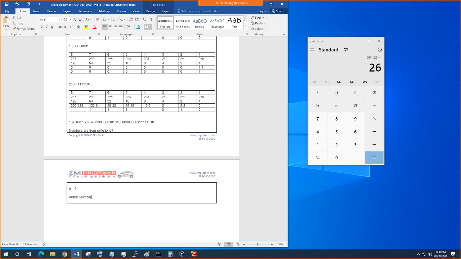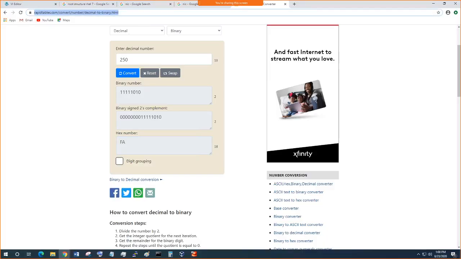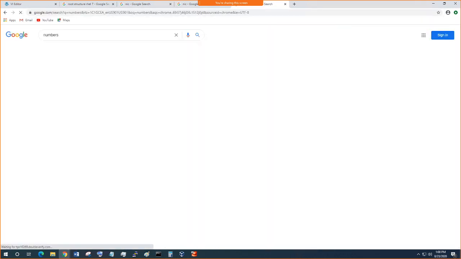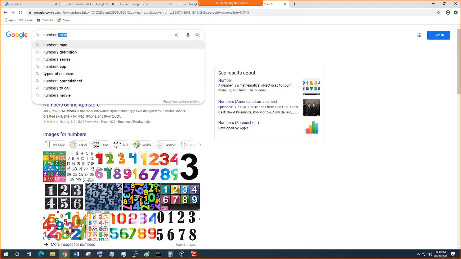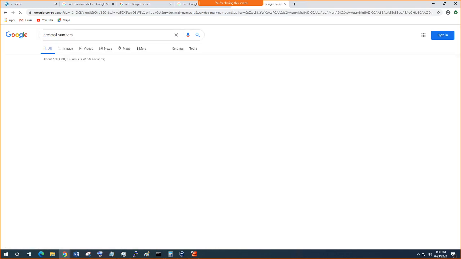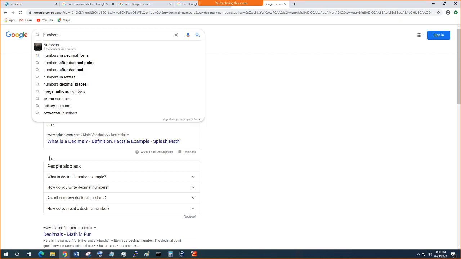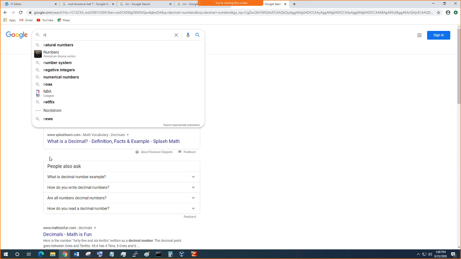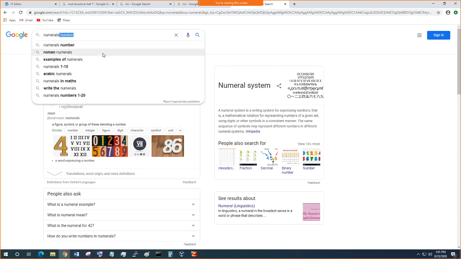If you type numerals here, the numbers come up.